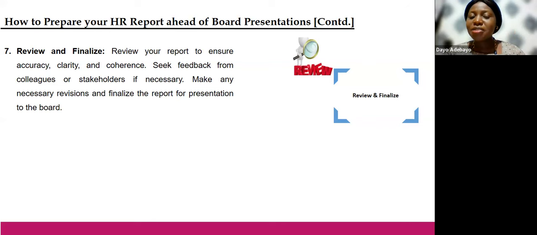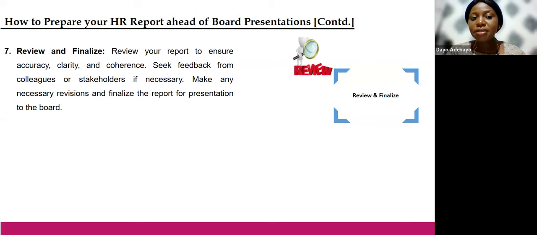They are not likely to believe it. So please do your assignment very well. Keep reviewing, especially when you deal with data. Be sure the report is clear, accurate, and coherent.